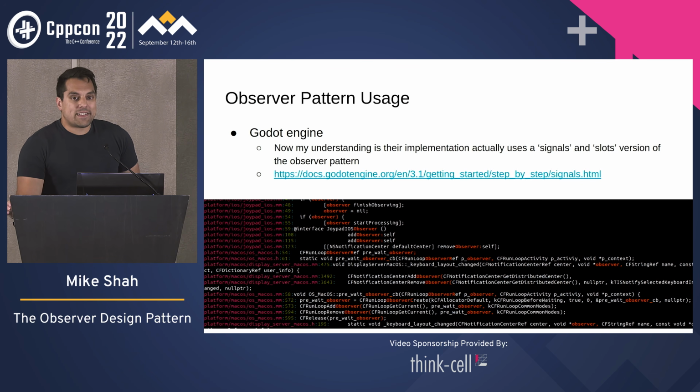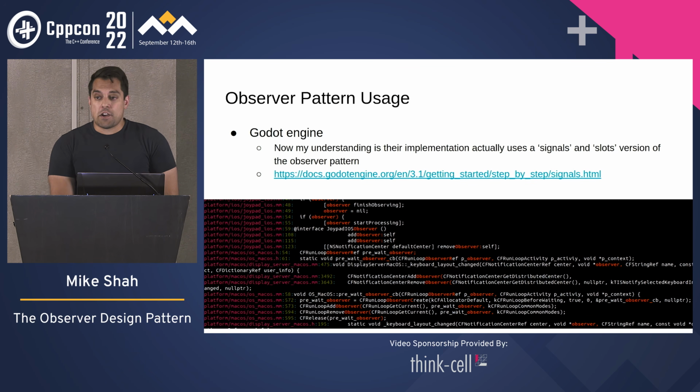A few other interesting source codes to look at. The Godot engine, since it's completely open source, again, just grepping around for observer pattern. They actually use something called signals and slots. I think this is also pretty pervasive in Qt. Are folks familiar with the Qt library?